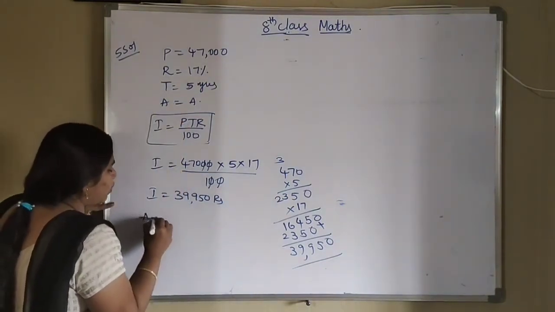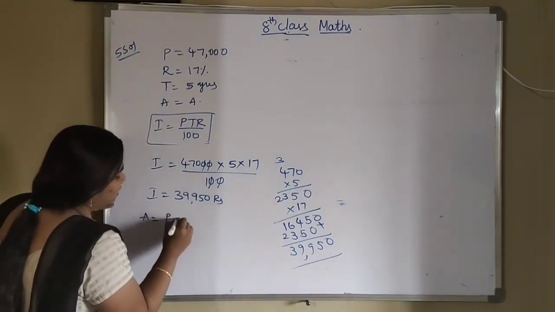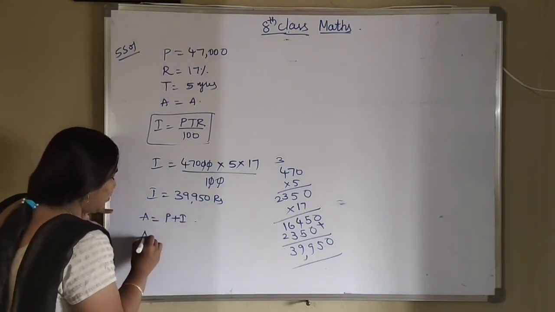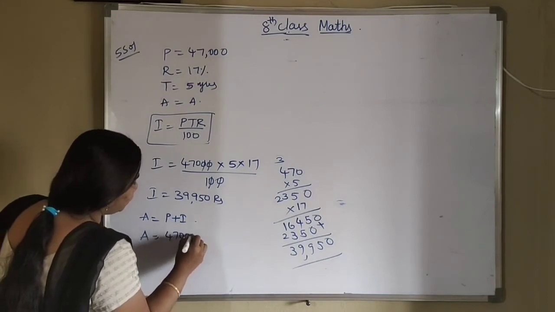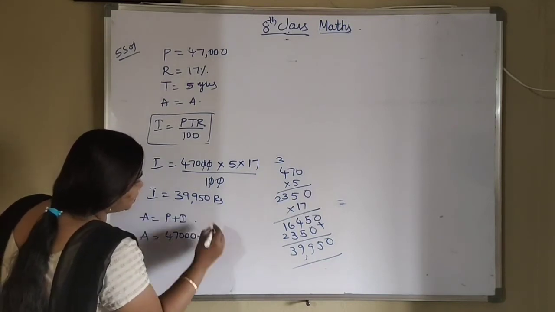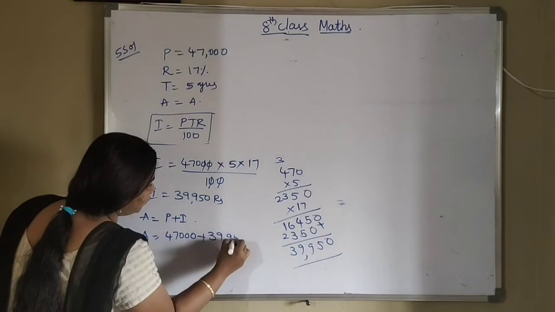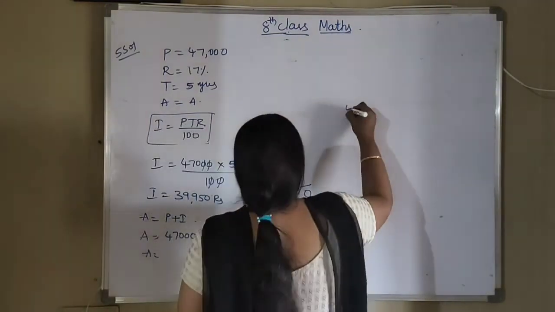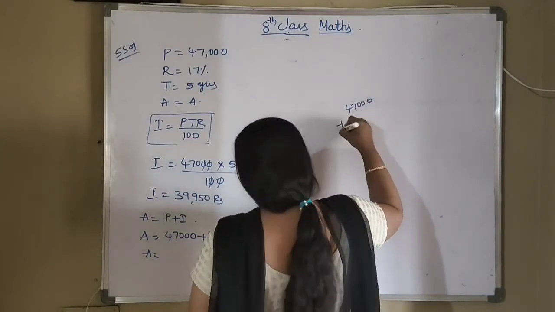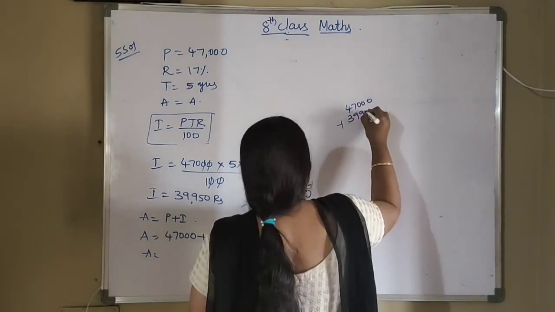So now what do we have to find? We have to find the amount value. So amount is equals to principal plus I. So amount is equals to, what is the principal value? That is 47,000 plus interest, how much? 39,950 rupees. So what will be the amount here? Amount will be equals to 47,000 plus 39,950.